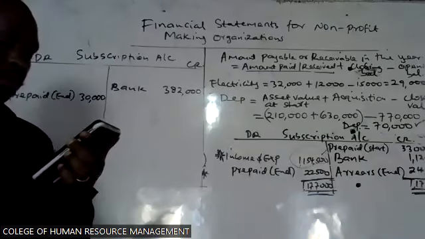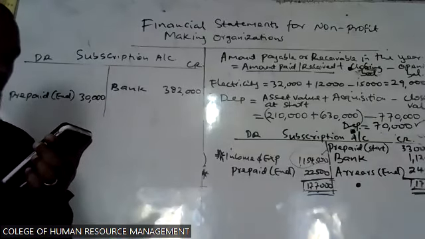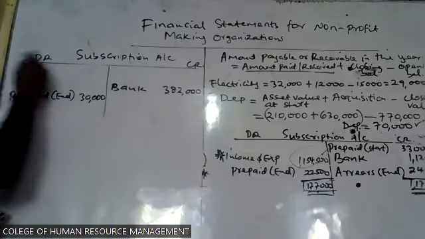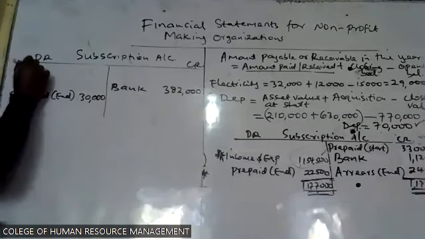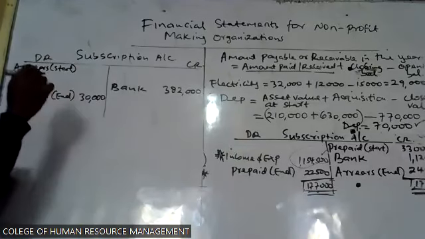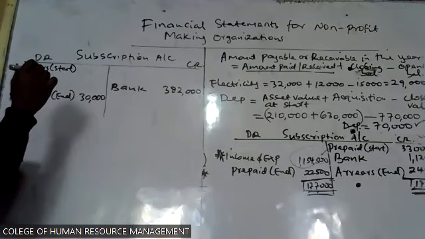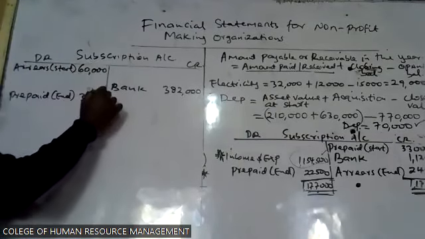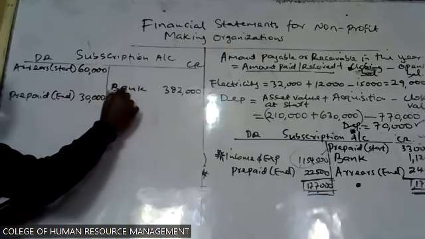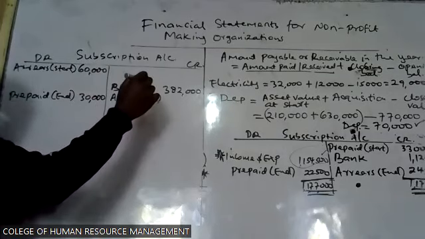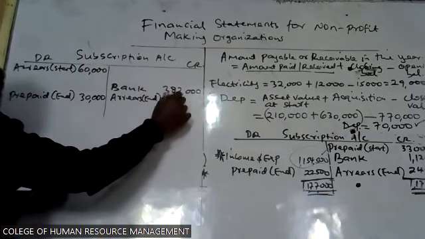That one has been given as 30,000. Then accrued or arrears, we are given at the start and at the end. So you can have arrears at the start, it is 60,000. At the end, we are given it is 10,000.